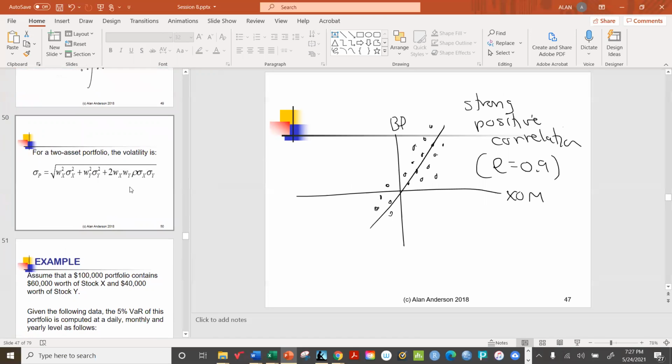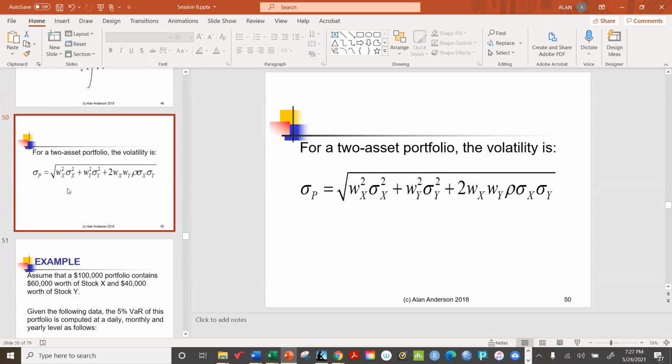All right. So the formula for calculating the volatility or standard deviation of a portfolio with two assets in it is kind of complicated looking. And you can see there's our correlation coefficient. And you've got the weights of the two stocks.